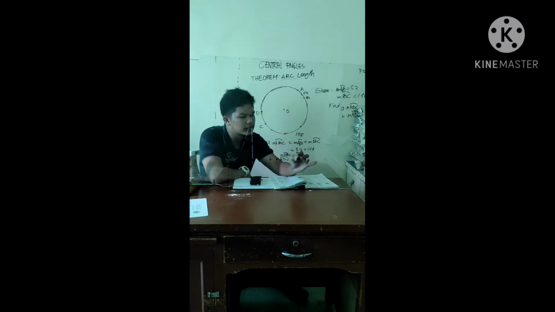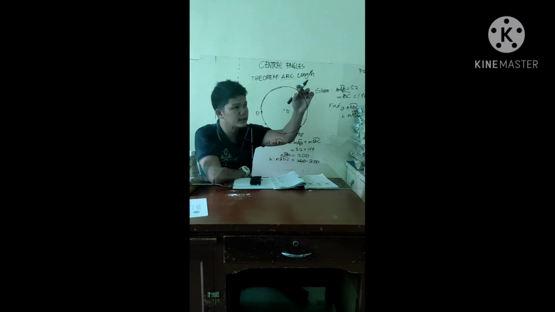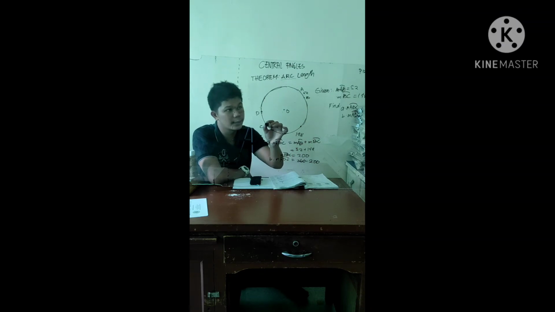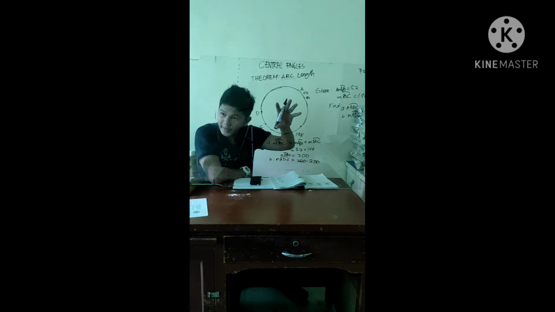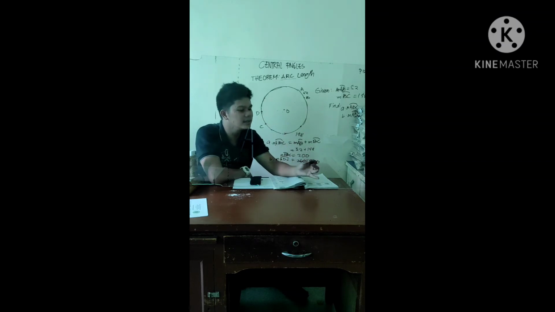So, 360 minus 200. Saan nakuha si 200? Dito. Okay? Sa kay arc ABC. So, since yung kabuuan nito is 360, meaning ima-minus na lang natin si 200 kay 360.